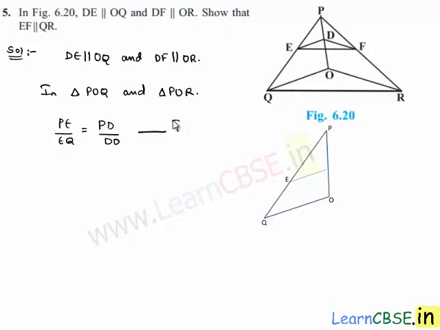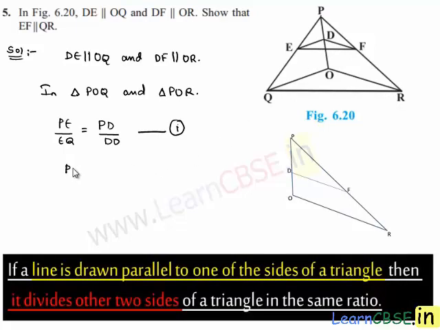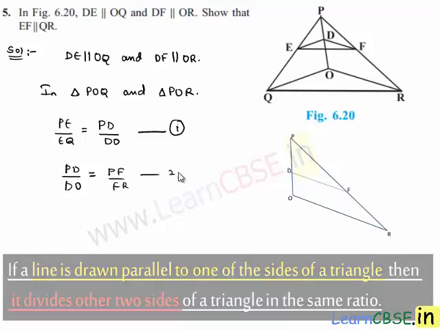Let it be as equation number 1. Now in triangle POR, DF is parallel to OR, so by basic proportionality theorem we can write PD by DO is equal to PF by FR. Let it be as equation number 2.